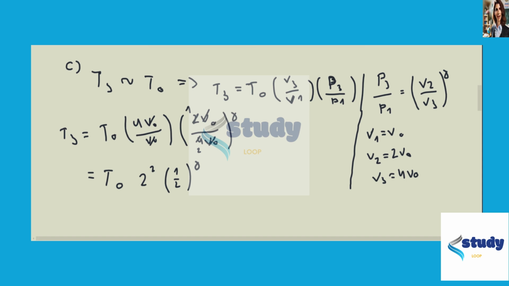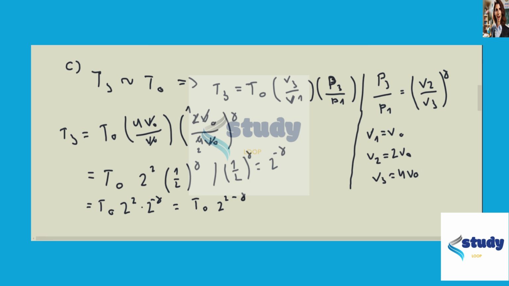This is from the exponential rules. So this is T0, 2 squared times 2 to the minus gamma, and this equals T0 times 2 to the power 2 minus gamma.